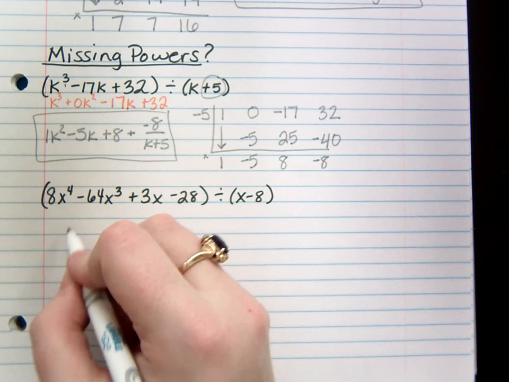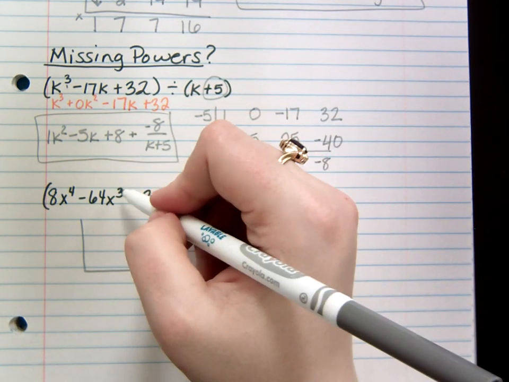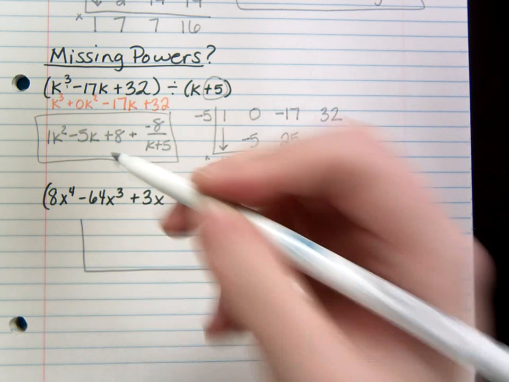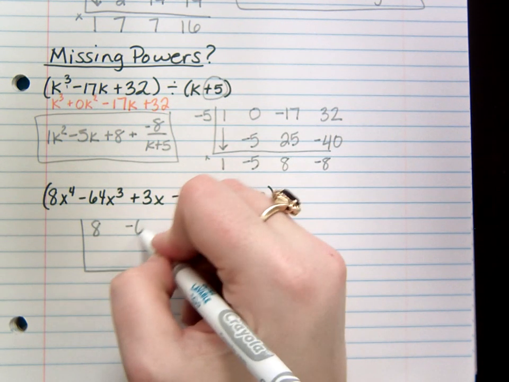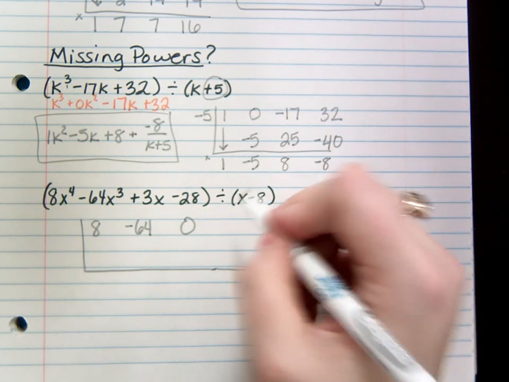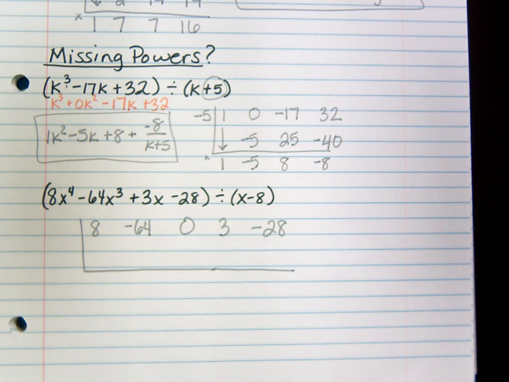So I don't have to rewrite this if I don't want to, but I do need to be careful because it skipped the squareds. So I have to make sure when I get to the squared part that I put in a 0. So I have 8x to the 4th minus 64x cubed, 0x squared, 3x, and negative 28. So if you don't rewrite it, just be careful.